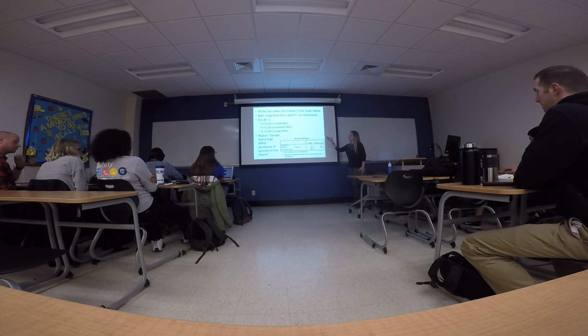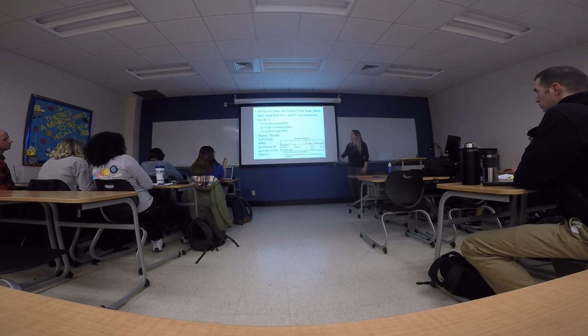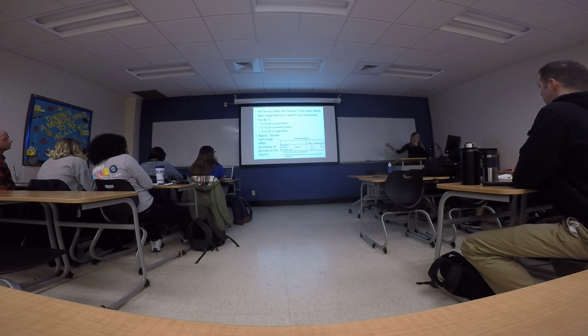You'd want to make sure that you're reporting these with your results so that you know what the actual impact is. So gender had actually quite a large effect on chance of survival on the Titanic, because the value is 0.5 above.